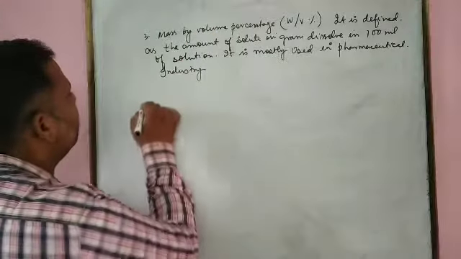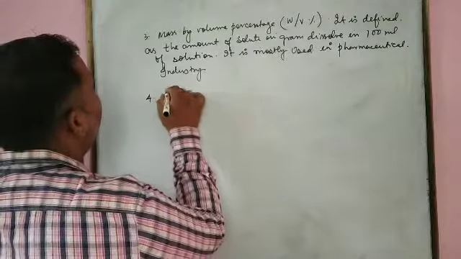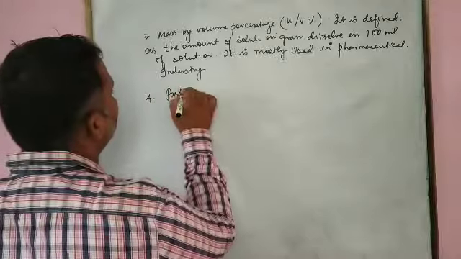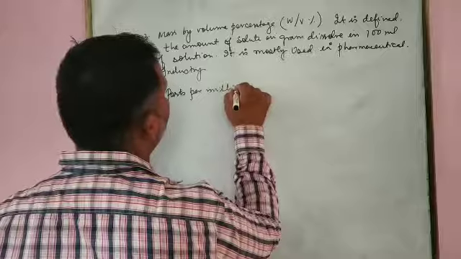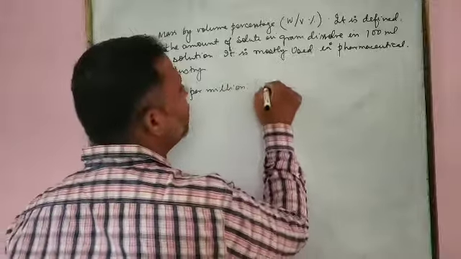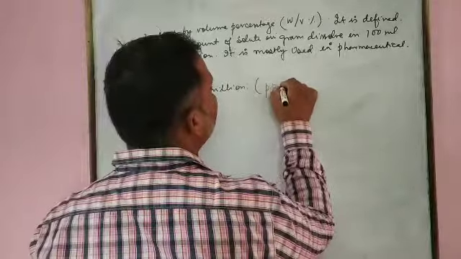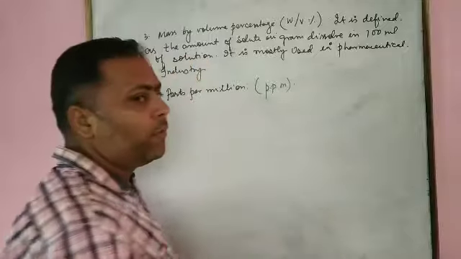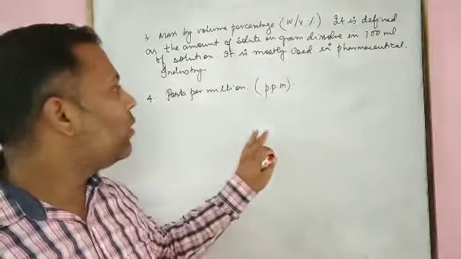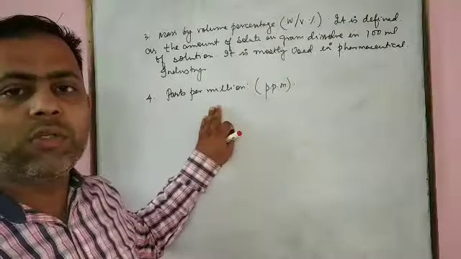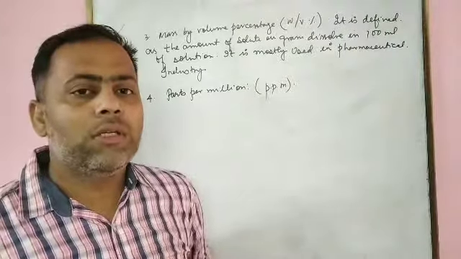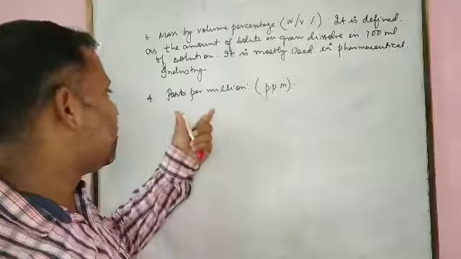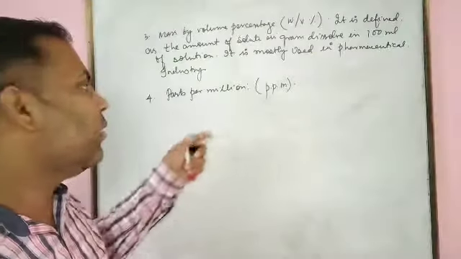Next, we will discuss parts per million. It is abbreviated as ppm. It is used for trace quantity. It means when the solute in a solution is in trace amount, then it is represented by parts per million.